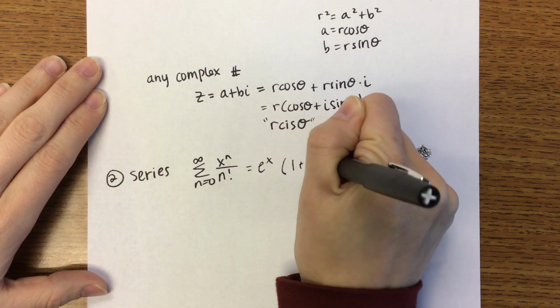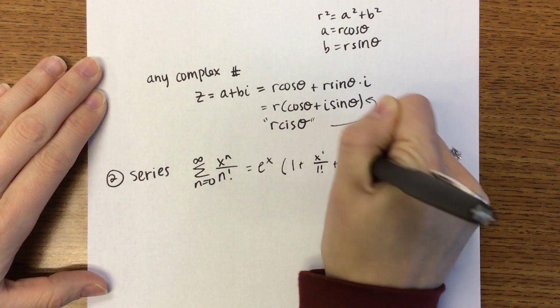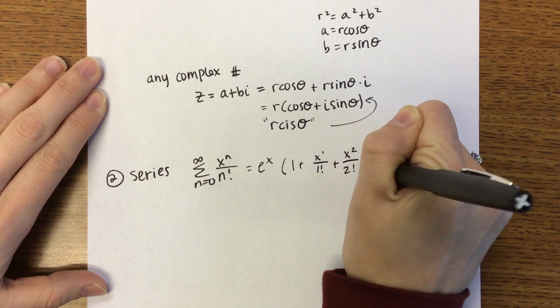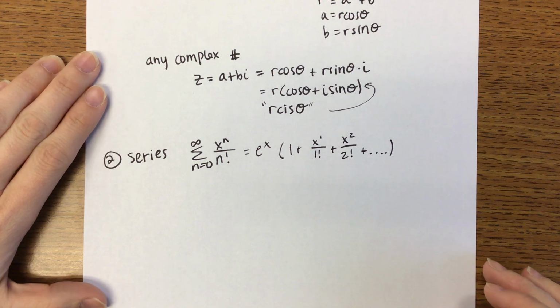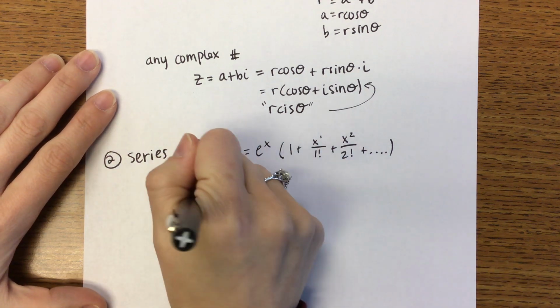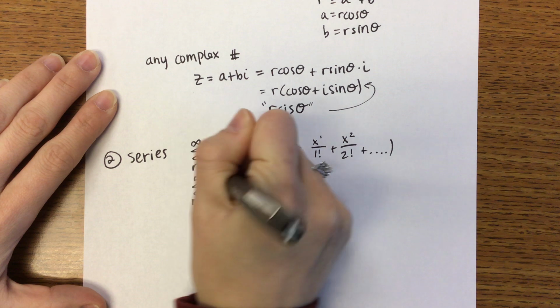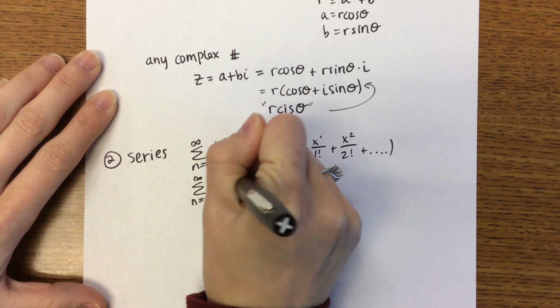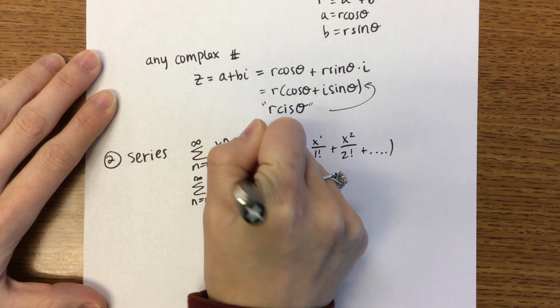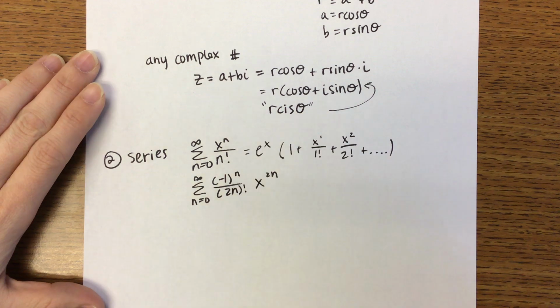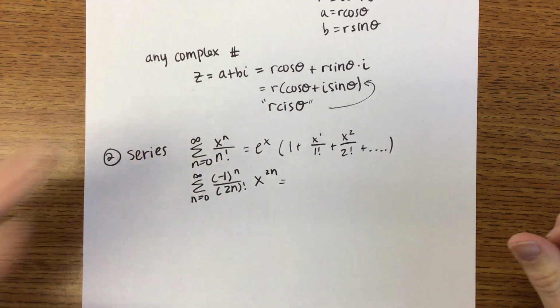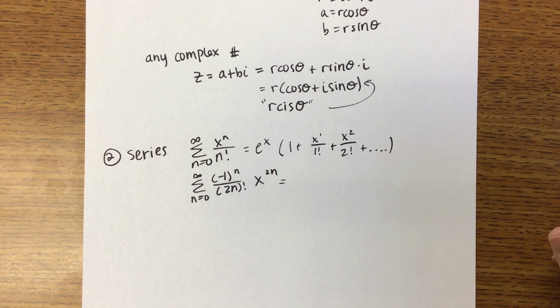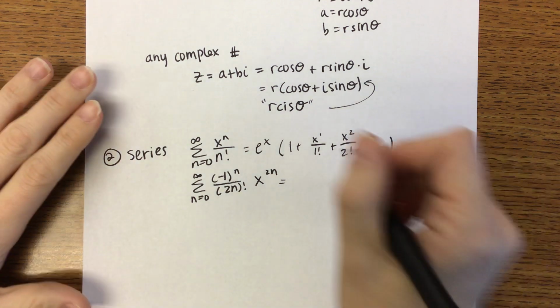So that's 1 plus x to the first over 1 factorial plus x squared over 2 factorial, etc. We also have the sum from n equals 0 to infinity of negative 1 to the n over 2n factorial x to the 2n. What is that a series for? Cosine.